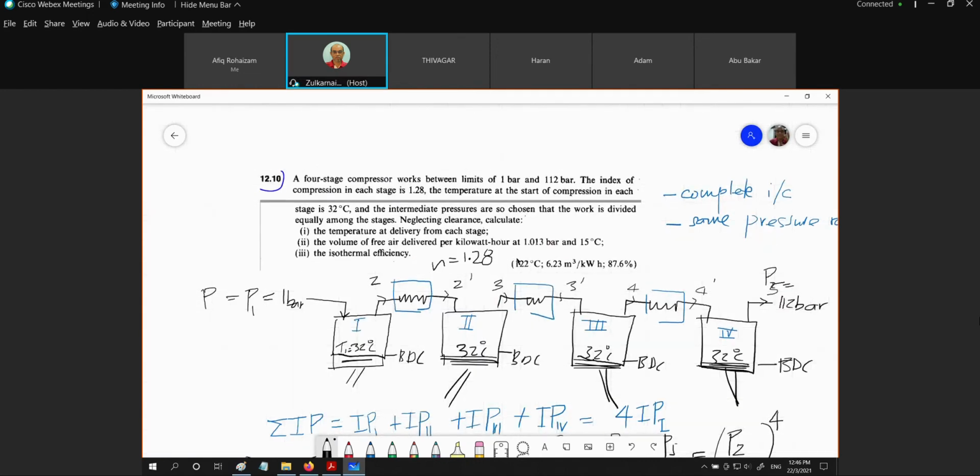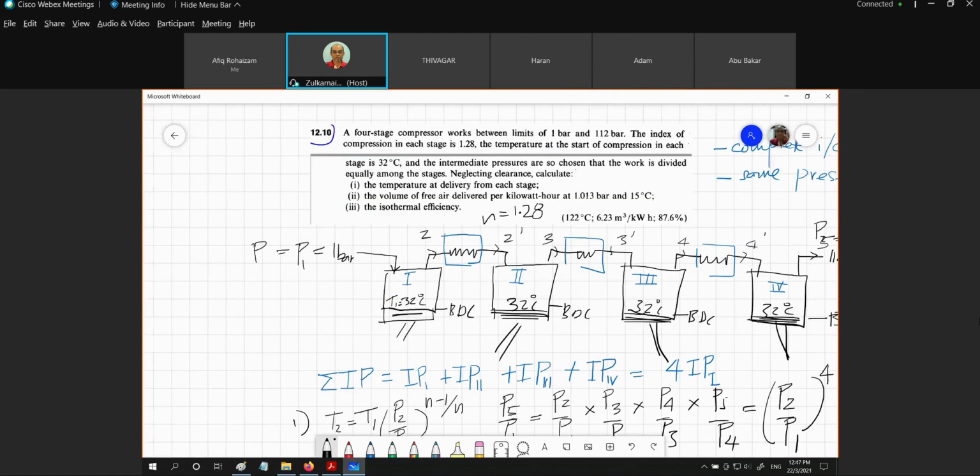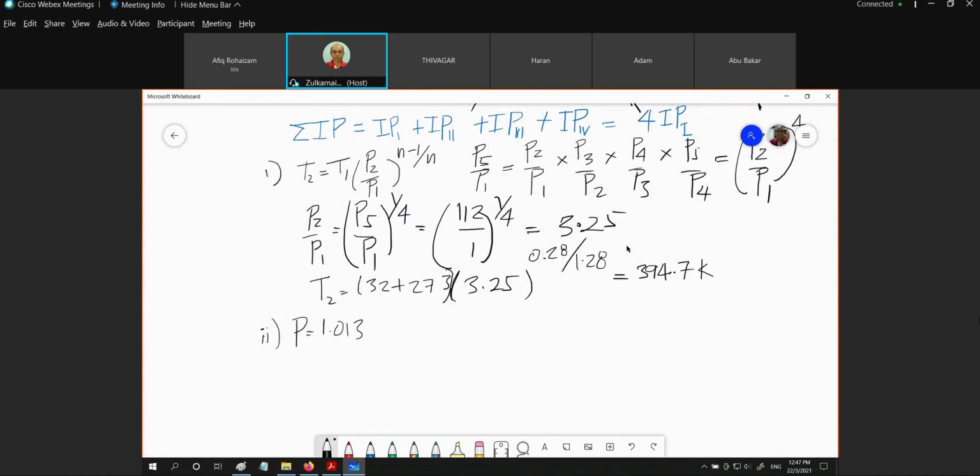Did you get this one? Yes, sir. Okay. And then number 2, the volume of free air delivered per kilowatt hour at 1.013 bar and 15 degrees C. So for number 2 we have P0 and T0, so we have P, which is given as 1.013 bar.